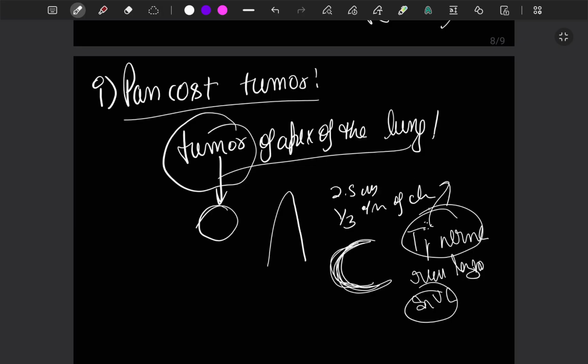Now when there is compression of the T1 nerve, it basically leads to Horner's syndrome, which we know what Horner's syndrome is, right?